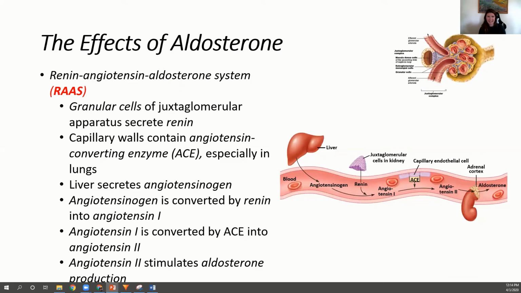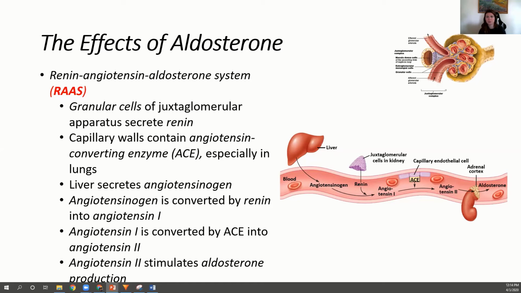That's kind of the end of a big, long process, though. So aldosterone doesn't act just on its own. When we were talking about ADH, we saw that ADH was secreted directly by our posterior pituitary, but aldosterone is going to be part of a system.